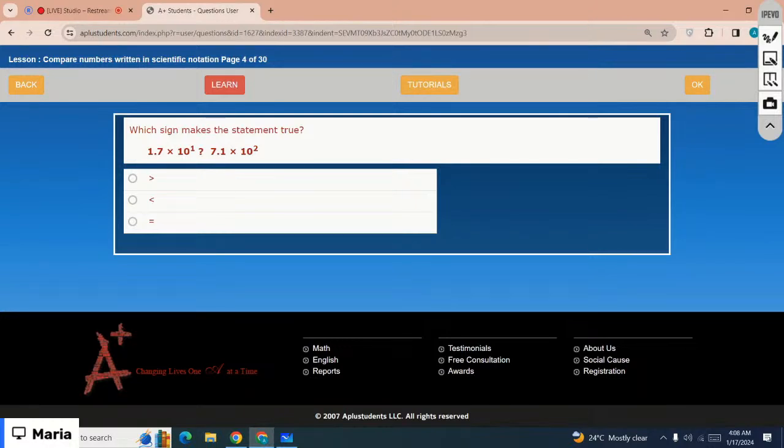So, which is the correct option? Yes, 1.7 times 10 exponent 1 is less than 7.1 times 10 exponent 2. Less it is. Very good.